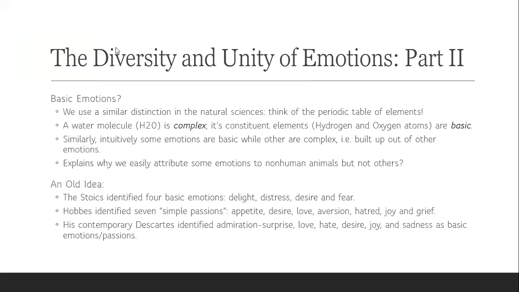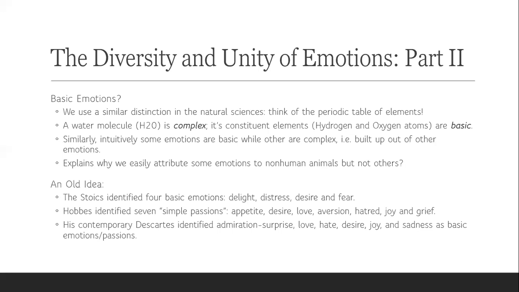So let's carry on briefly. This idea of basic emotions is not new, right? If we go back to ancient Greece or Rome, excuse me, we go back in time, we can find that the Stoics, a school of ancient philosophy, identified only 4 basic emotions: delight, distress, desire, and fear.